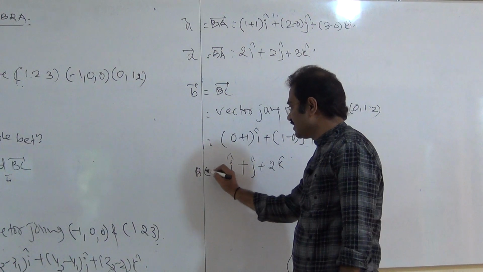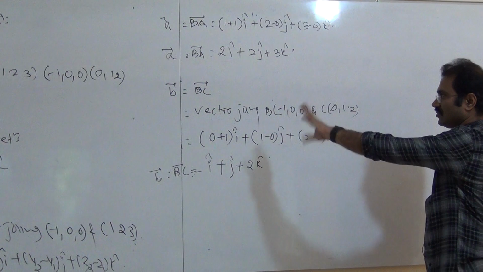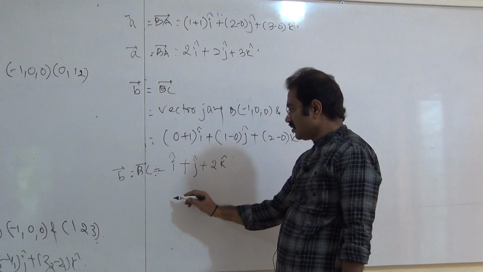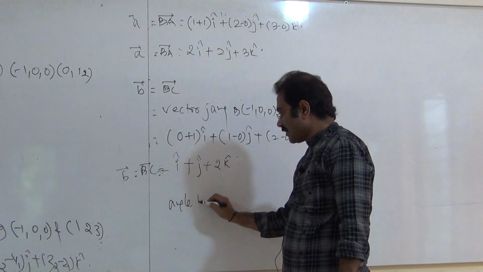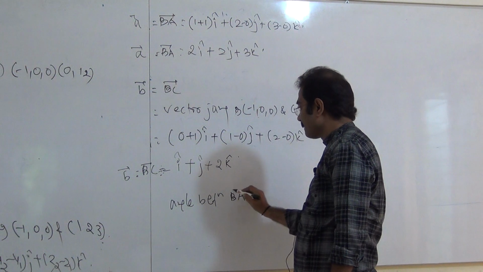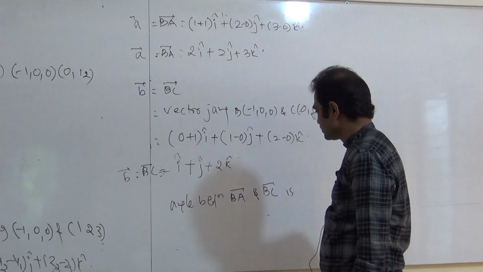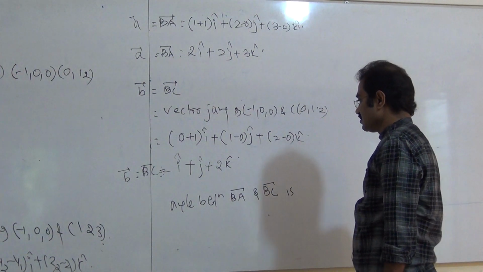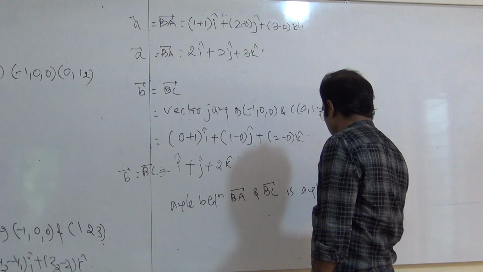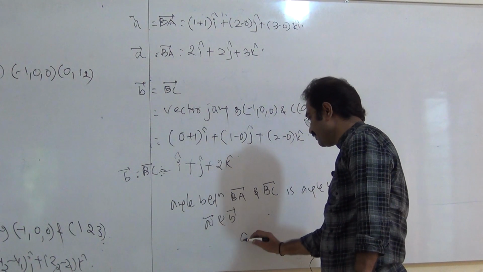This is your vector BC, and I call this one B. Now the angle between BA and BC is the angle between A and B. What is A dot B?